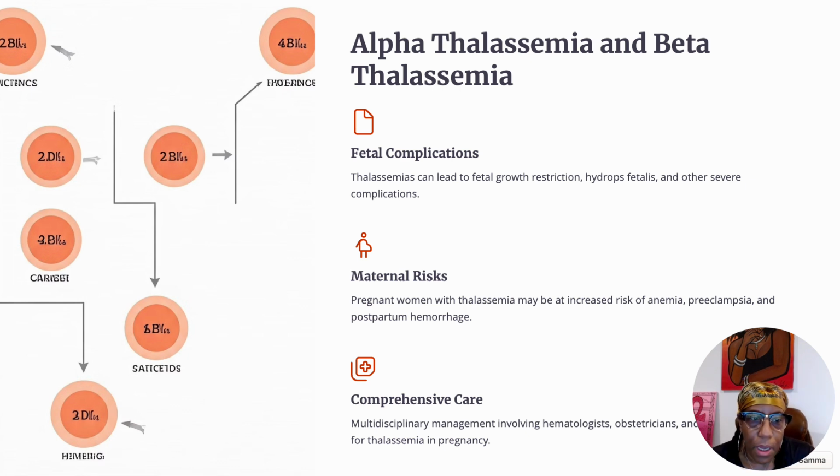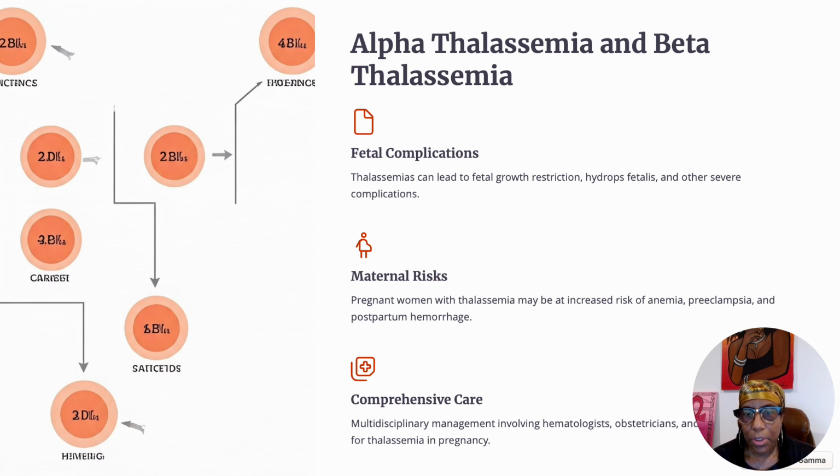Anytime this diagnosis is made, you will not take care of them because the baby is at risk for Bart's syndrome, hydrops fetalis. It's just not a client that you would serve. It's not a low-risk client. She needs care with a hematologist, IV iron, obstetrician, etc. So anyway, moving forward, we're just giving you an overall understanding of alpha and beta thalassemia.